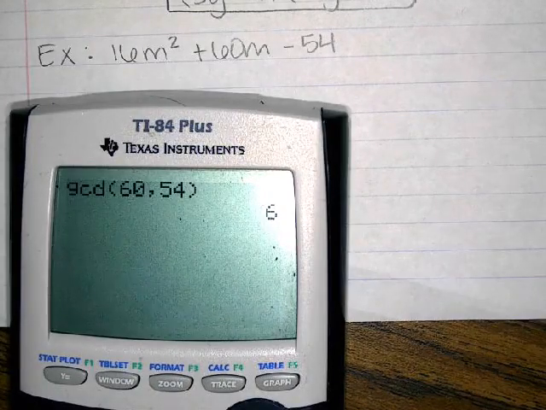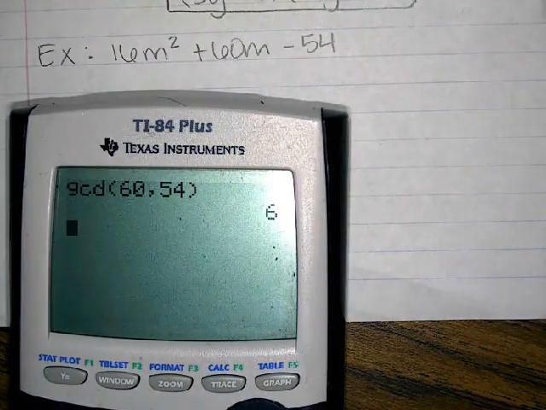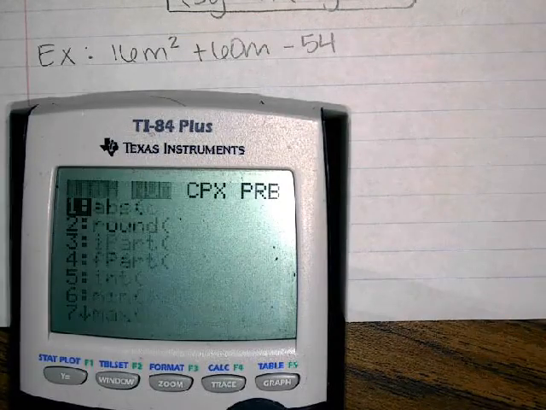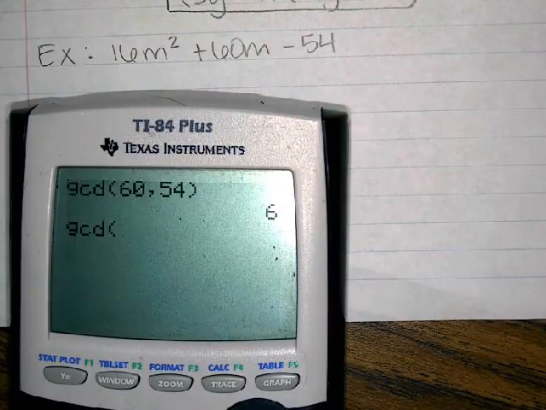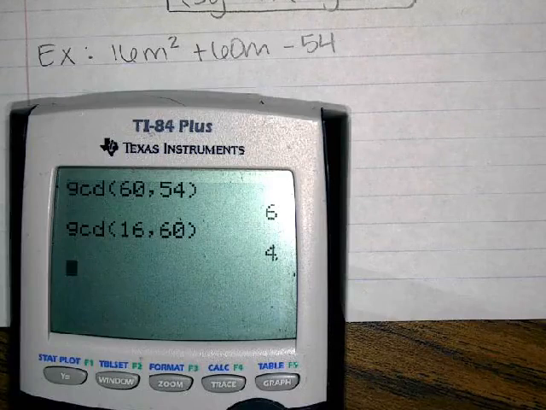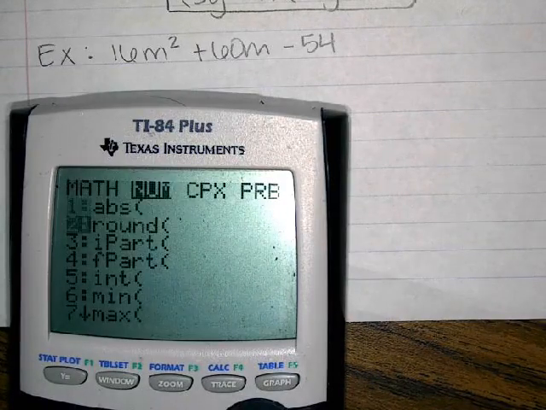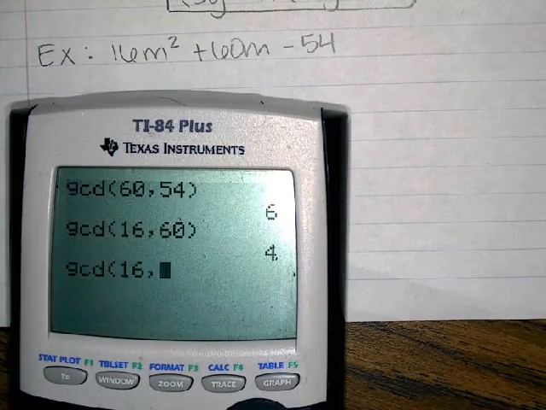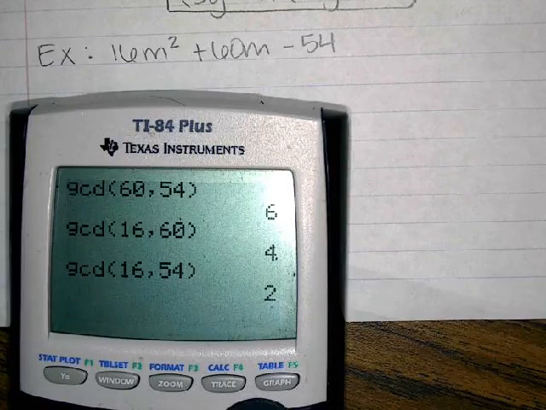What if I do 16 and 60 and just see what number is the biggest that goes into those? 4? Does 4 go into 54? Yeah. 16, 54, 2. So maybe 2 is it. Maybe 2 is the only thing that goes into all of them. Yeah? Okay, let's take out a 2.